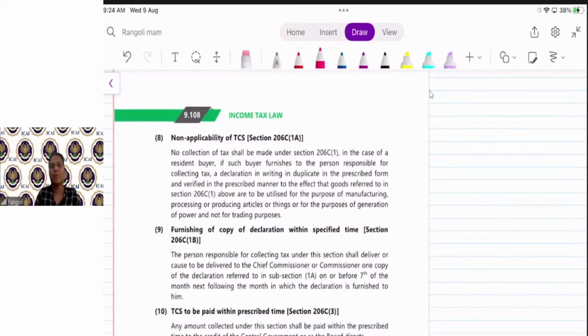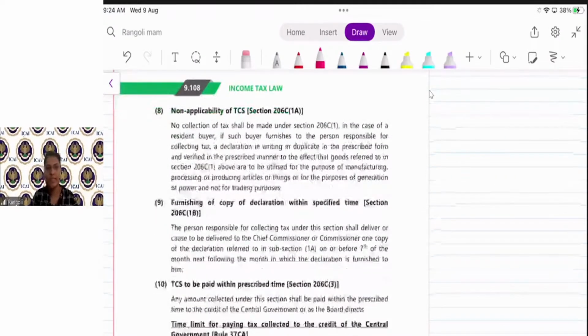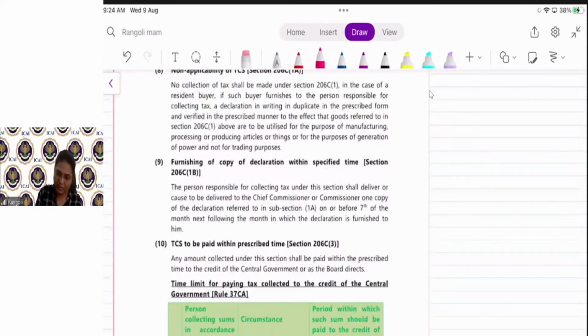See, if a buyer provides a declaration to the seller that the above mentioned products are purchased for further manufacturing or processing of an article or thing, then TCS is not required to be collected. This declaration needs to be filed on or before the 7th of the month following the month in which the declaration is furnished.